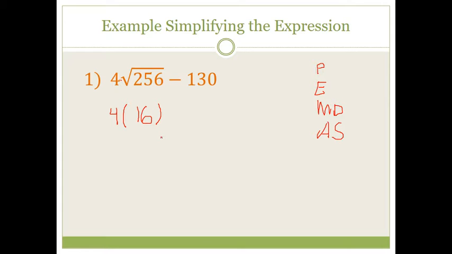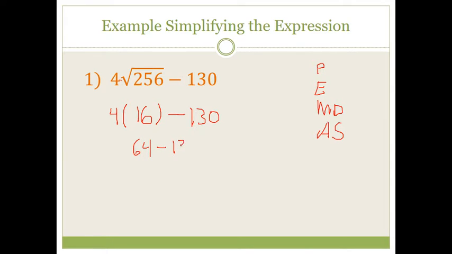I happen to know that the square root of 256 is 16. And yes, indeed, if you do 16 times 16 on your calculator, you get 256. I'm going to bring down the minus 130. Now I'm still going through my order of operations. The next step would be to multiply these two numbers, because we have to multiply and divide before we can add and subtract. So 4 times 16 is 64.